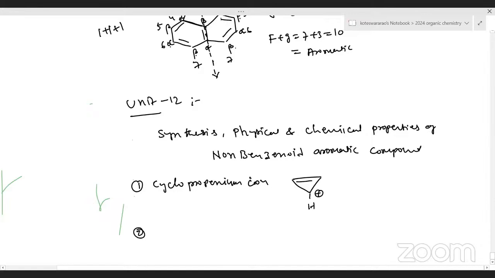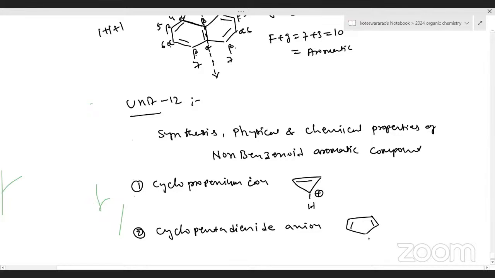And the second one is the cyclopentadienyl anion, the cyclopentadienide anion.